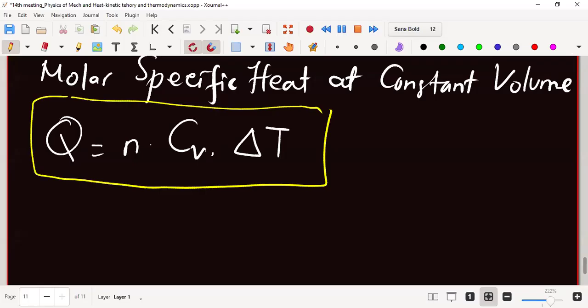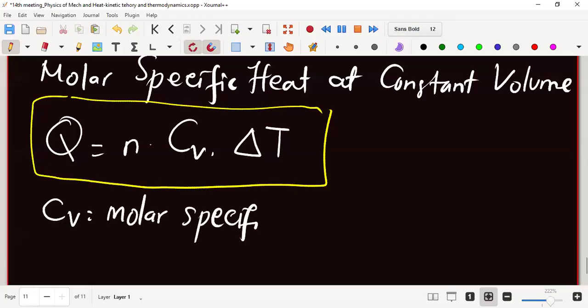Cv is a constant called the molar specific heat at constant volume.